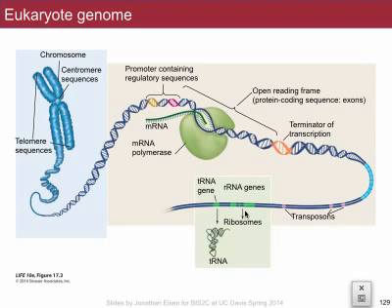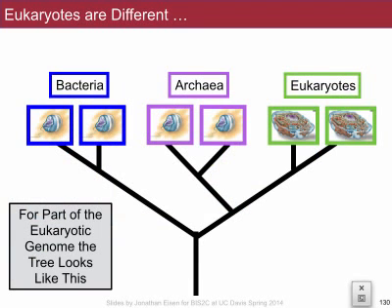If we scan through the genome of a eukaryote and build evolutionary trees of different genes, many of them look like this. All the eukaryotes share a common ancestry with each other, and if we can root them, many of them look like eukaryotes and Archaea as sister taxa to the exclusion of bacteria.